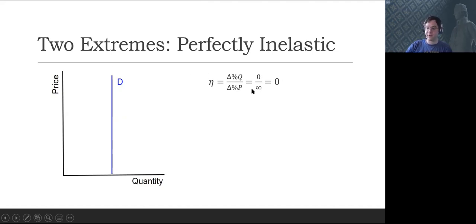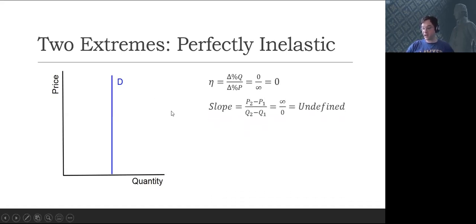Really, infinity here is just meant to mean some arbitrary number. The logic doesn't change if we change this infinity to something else at all, because 0 divided by anything is going to be 0. There is no elasticity here, 0 elasticity.